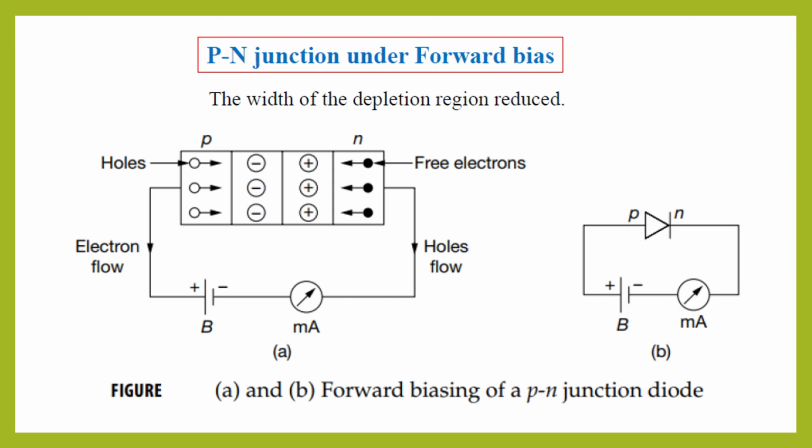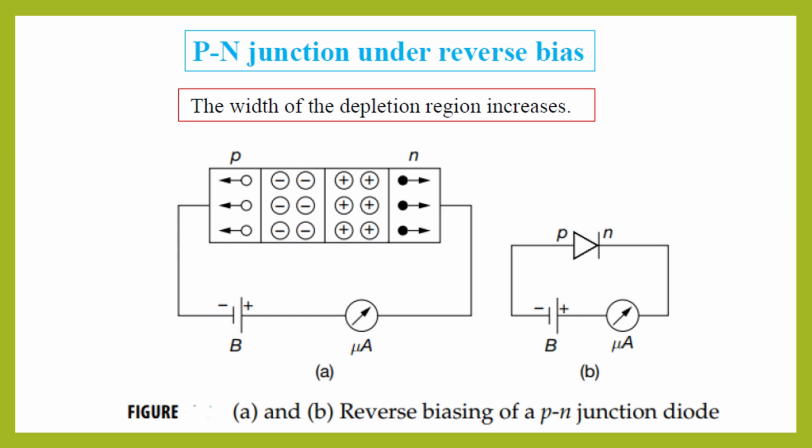What happens once this region reduces? With a small application of voltage, we get higher current. Basically, in forward bias we get current in milliamps. In reverse bias, the P type of the diode is connected to negative and the N type is connected to positive. Due to the reverse connection, the holes in P move away from the region, as shown in the diagram, and the electrons in N also move in the opposite direction.